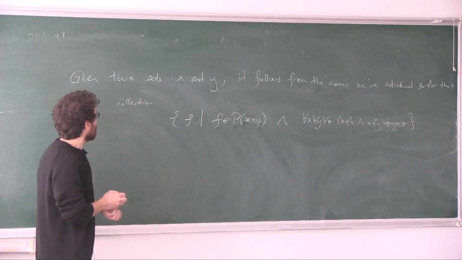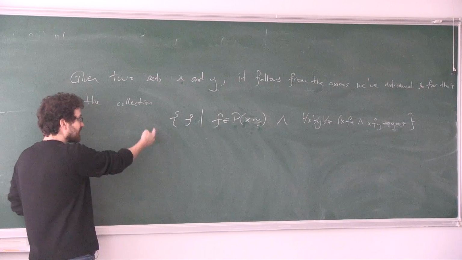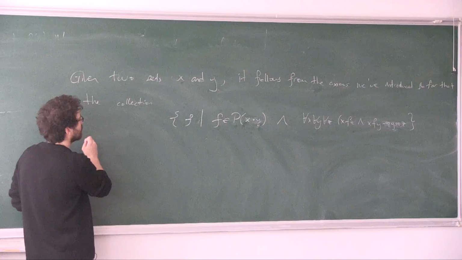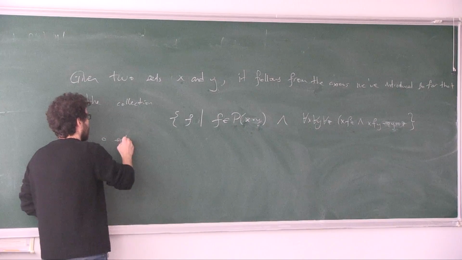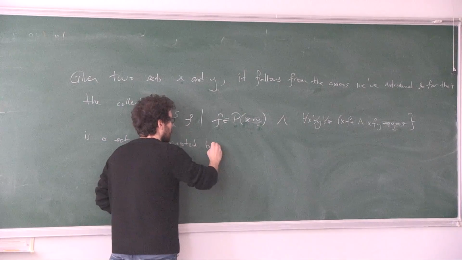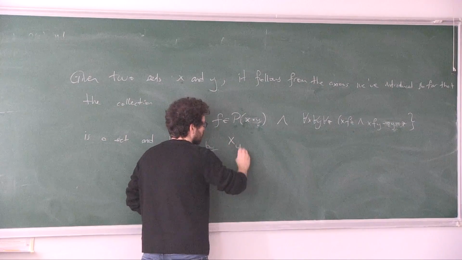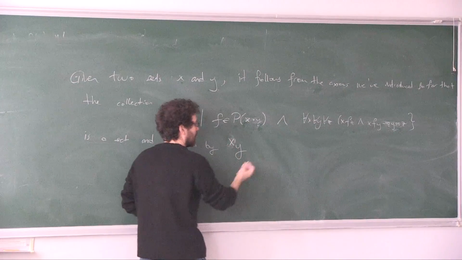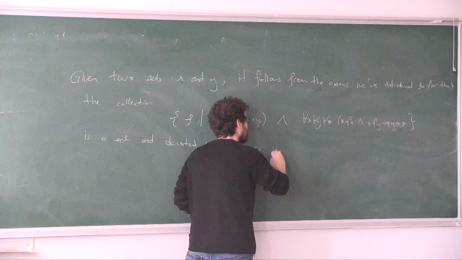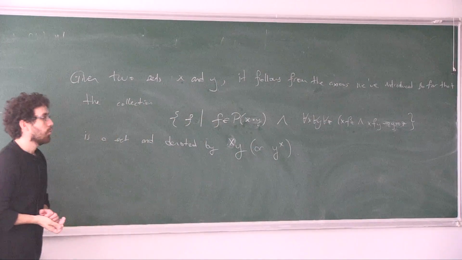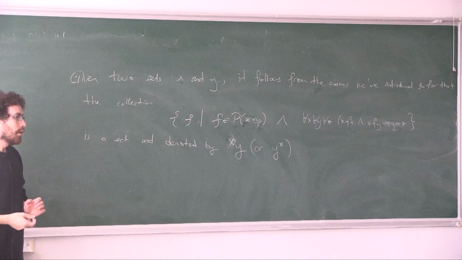So this is a set. And this is the set of all functions from X to Y. And this is denoted by the following notation. Or sometimes people use Y to the power X, okay?